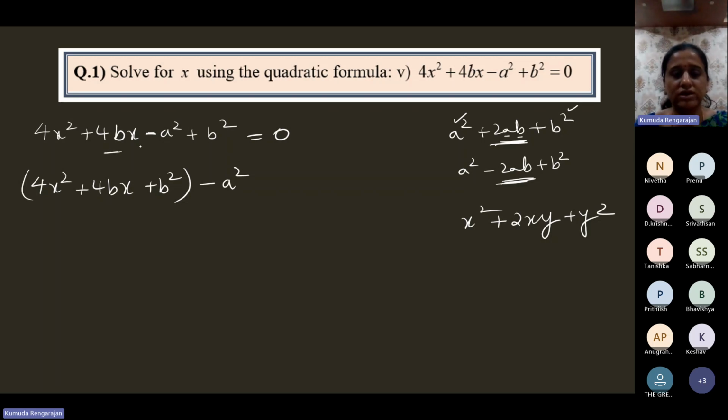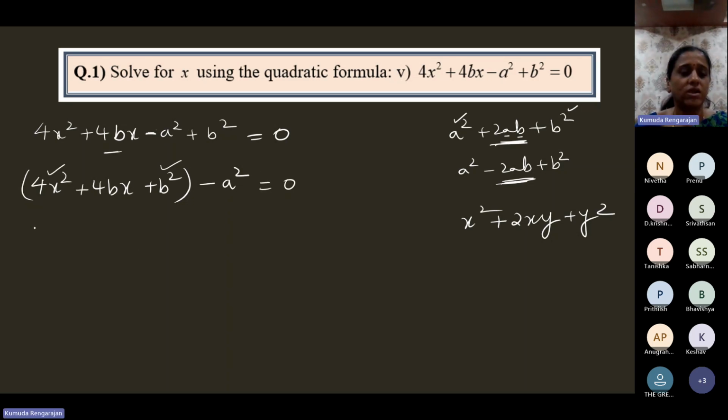This term, we look at this as the middle term. It has b and x. So correspondingly, the x square term and the b square term, we take as the square terms. So we group these three terms, and we have minus a square separately, equal to 0.